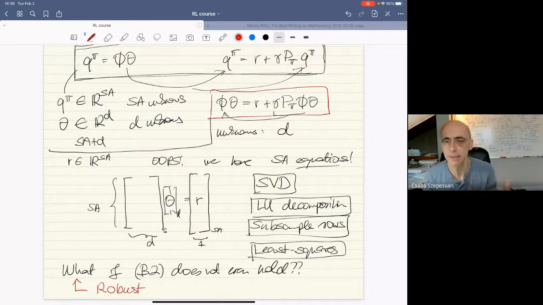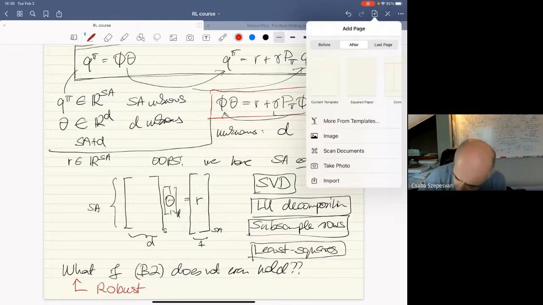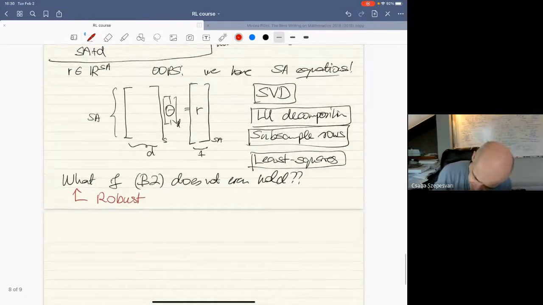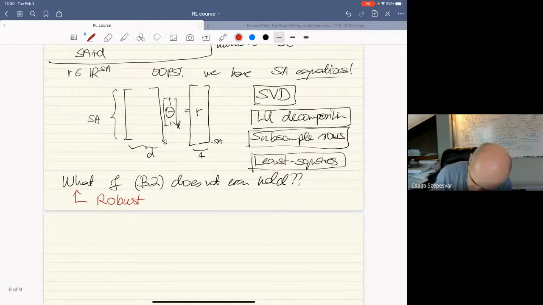If that is a good approximation, then we should find it. That's the robustified, relaxed version of the problem, and that's super important.